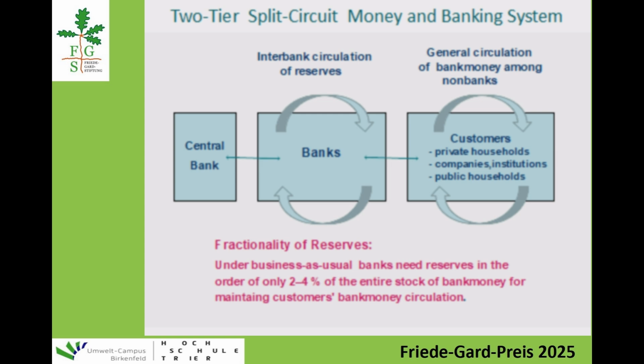This is possible for various reasons. The main reason being that the speed of money circulation in the interbank circuit is much, much higher than the velocity or the frequency of money use in the general money circulation among us, the people, non-banks, private, public households.